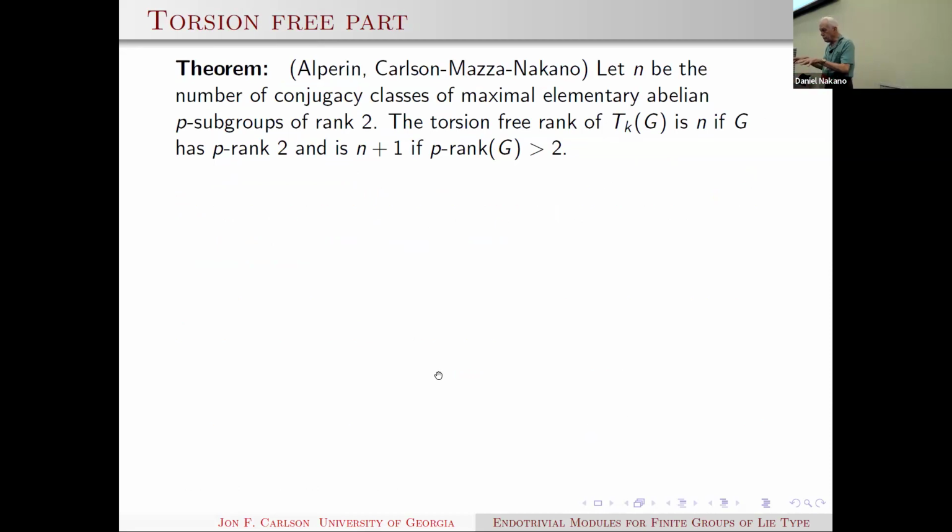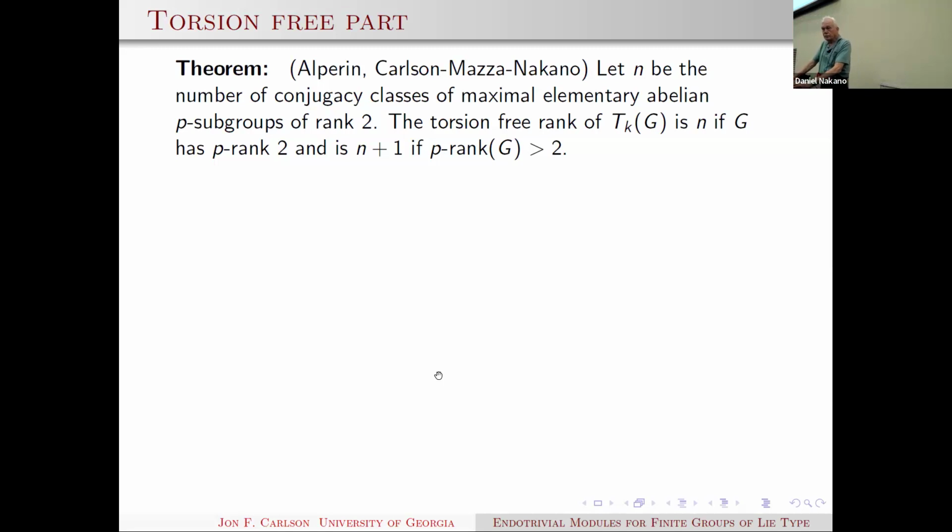Okay, so I said it is an abelian group, a finitely generated abelian group anyway. So what that means is, well, you've got a torsion part and you've got a torsion-free part. And what you're interested in with the torsion-free part is the rank, that is the number of copies of the integers in there. And Alperin first got this in the case that G was a p-group.